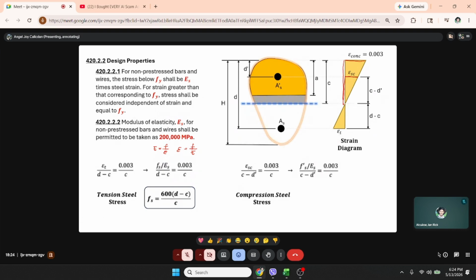And rearranging, you will have the compression steel stress fs prime equal to 600 times c minus d prime all over c. So, if you forget these formulas, you can derive them using the strain diagram.